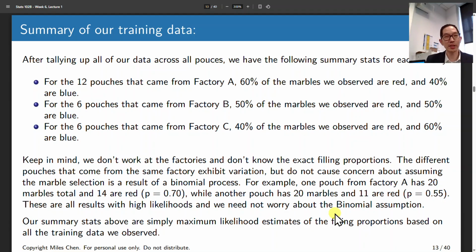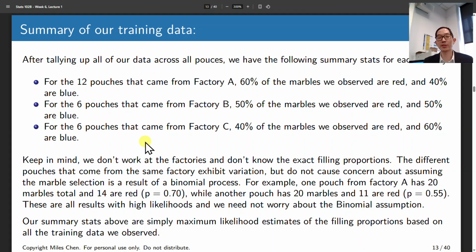And so you go through the process of counting up all of the data in your training data. You dump out the marbles and you count them. When you look at all of the marbles that came from factory A, you get that 60% of the marbles are red and 40% are blue. For factory B, 50% are red and 50% are blue.